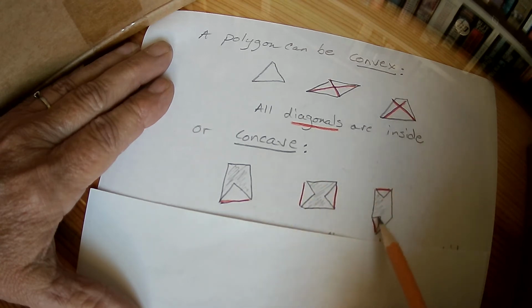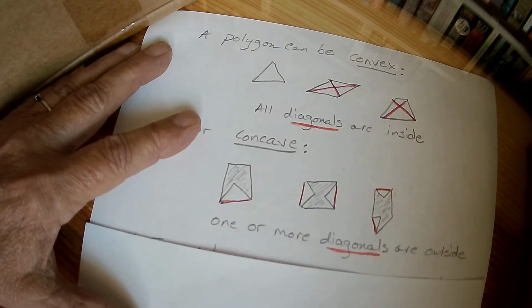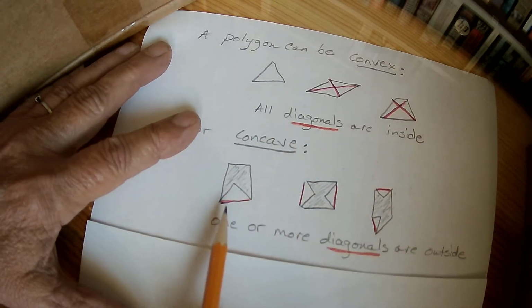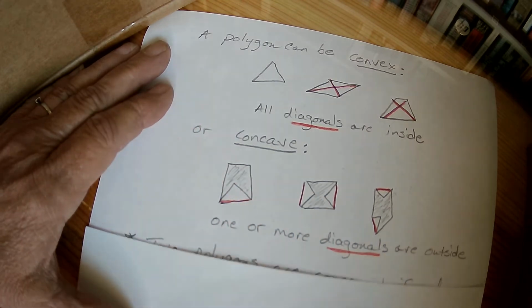And notice that on these, you have one or more diagonals that are on the outside, because the diagonal connects one vertex to another one. All right?